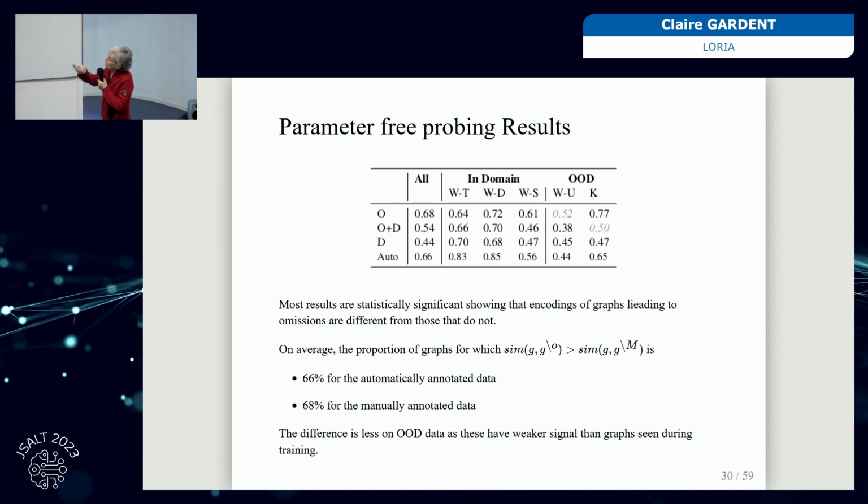And then we do this also for both omission and distortion. You see omission and distortion have a different behavior. The distortions are not so easy to spot, which is what we expect because they have a name that is very similar to the entity.